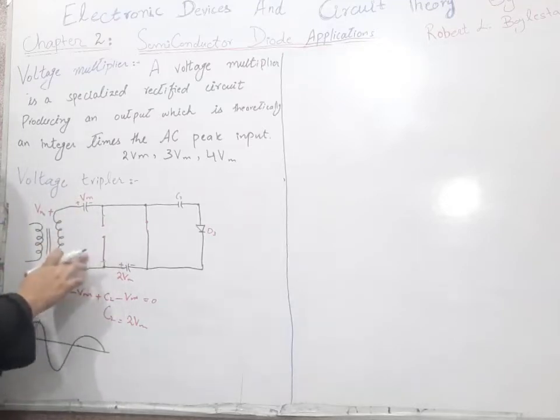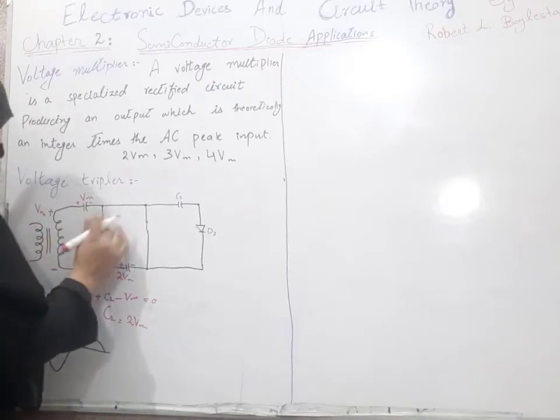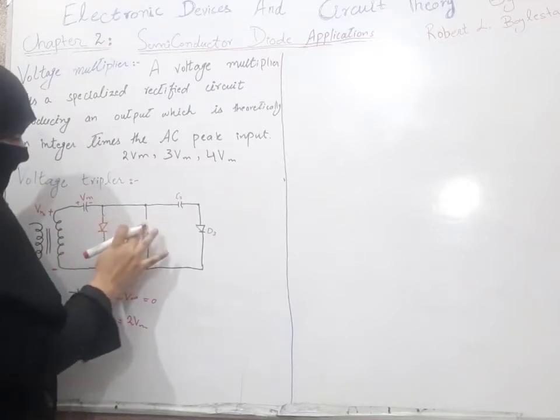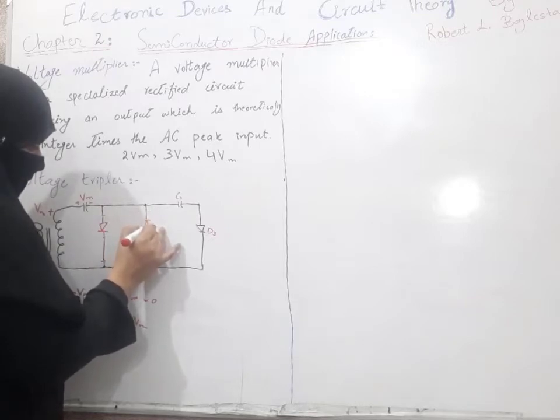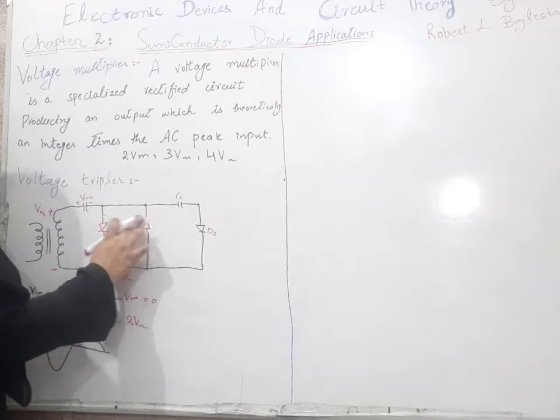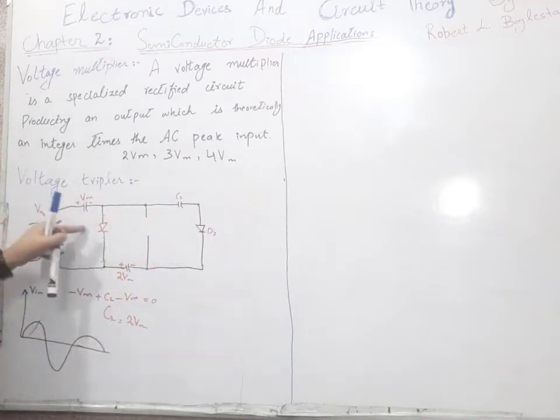Now this positive input half cycle tries to make this diode forward biased and this diode reverse biased. So this will be an open circuit, and these two diodes will be in the forward biased condition for the input signal.